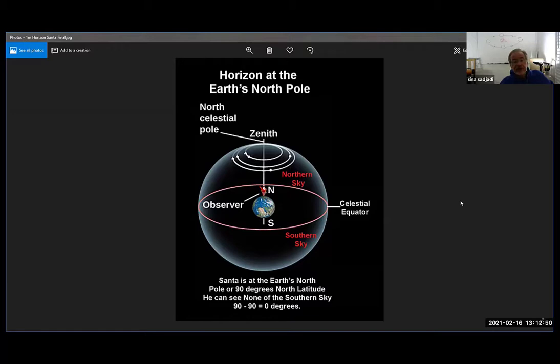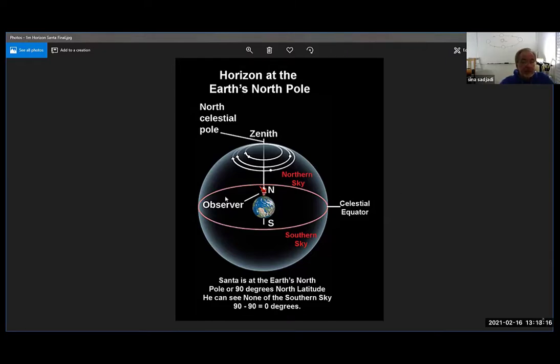So this line divides the sky into two halves for you. The eastern half of the sky and the western half of the sky. Does that answer your question? So basically it only goes from north to south and it separates both east and west. Correct. It also goes through your zenith, the highest point in the sky for you. So everything has to cross that line to rise and set.